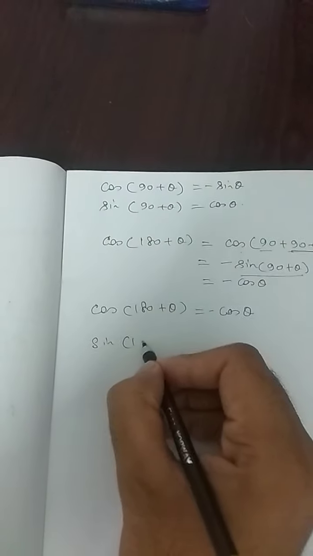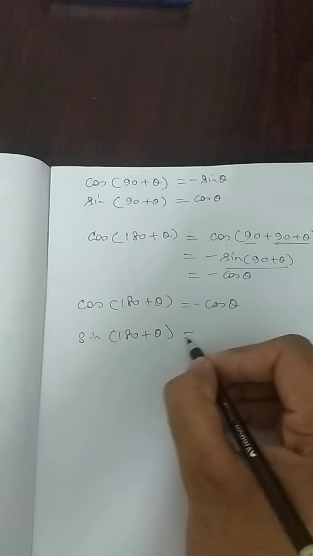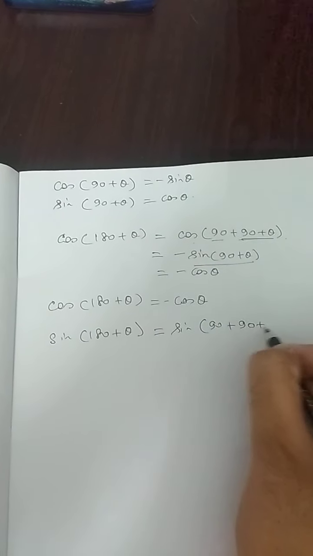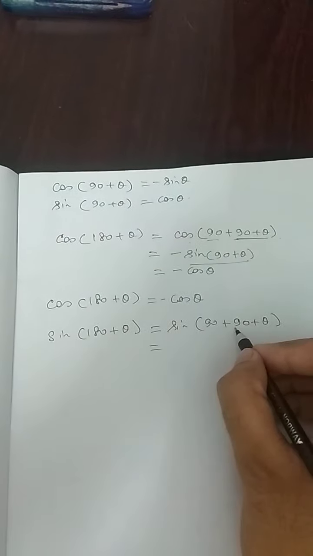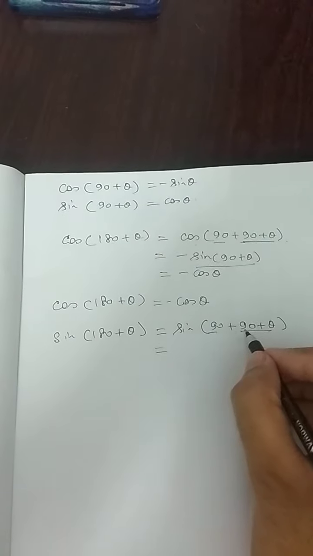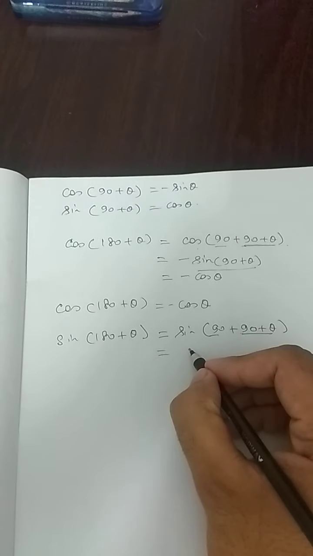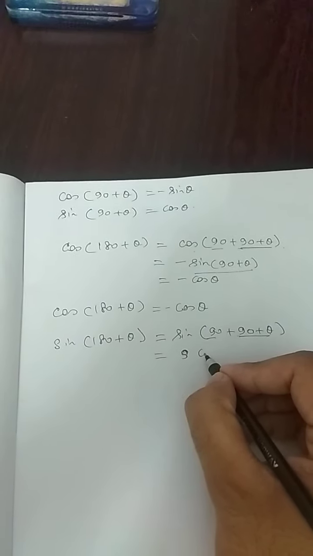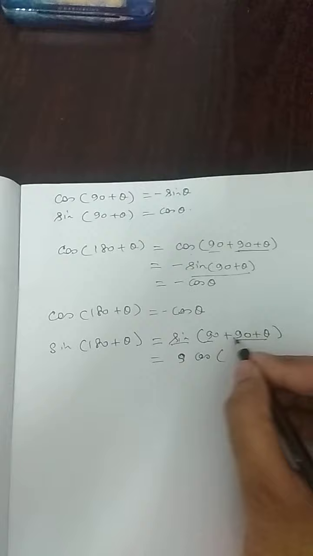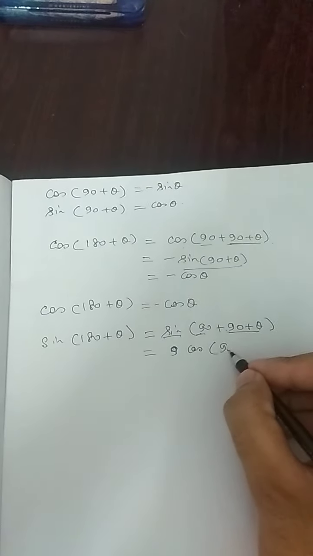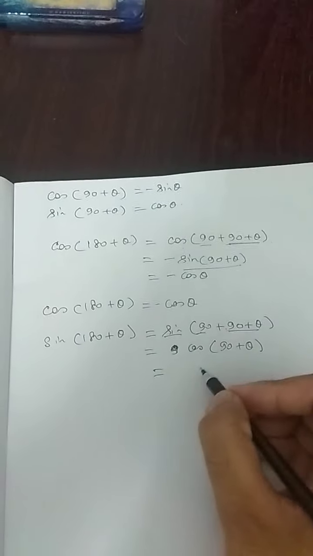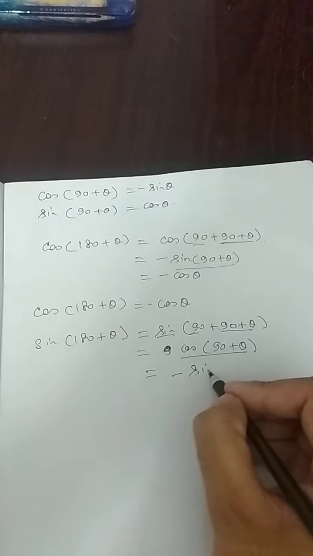Similarly, sine of 180 plus theta is equal to sine of 90 plus 90 plus theta. And again, if we consider 90 plus theta as a single entity, then sine of 90 plus (90 plus theta) can be written as cos of 90 plus theta, and cos of 90 plus theta provides minus sine theta.